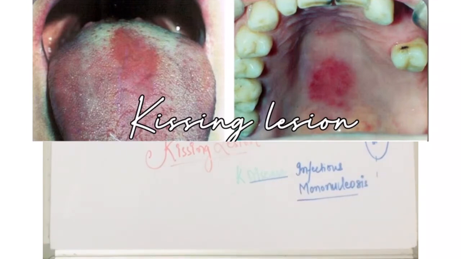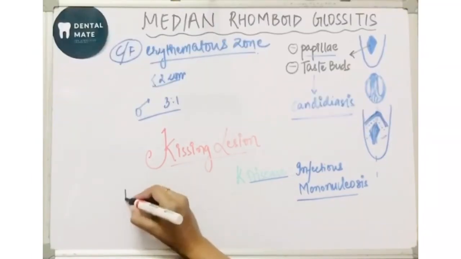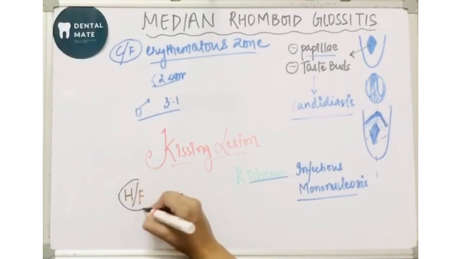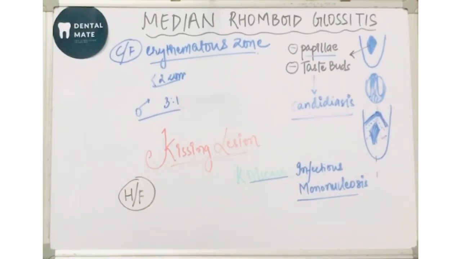Now, if we talk about the histopathological features, there is a smooth nodular surface caused by atrophic stratified squamous epithelium. So how will the epithelium look here? The whole epithelium will be atrophic. It has a moderately fibrous stroma with dilated capillaries.